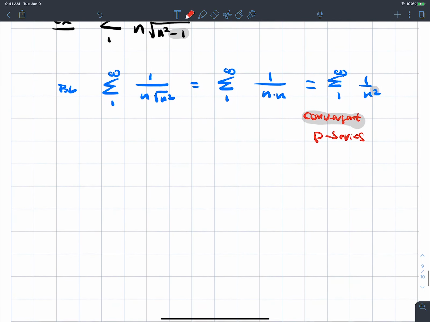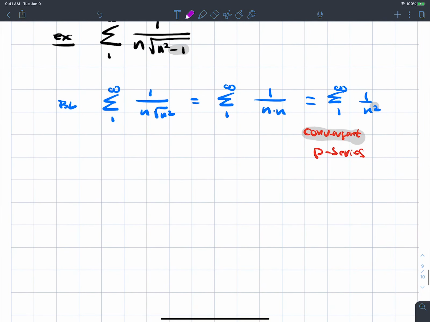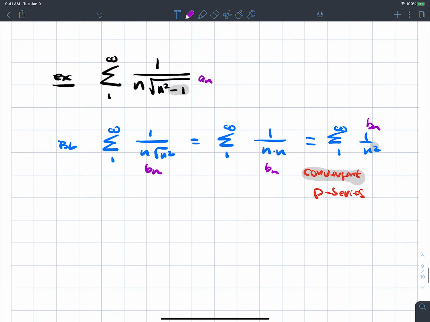So we're going to have to find here AN and BN. It's really your BN. It doesn't matter which one you use.